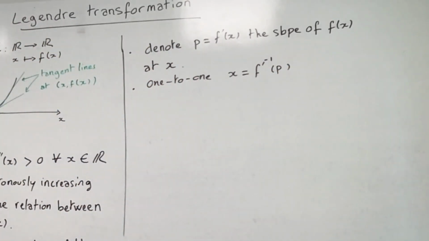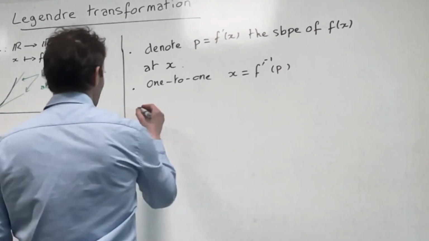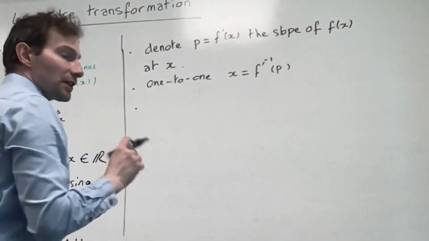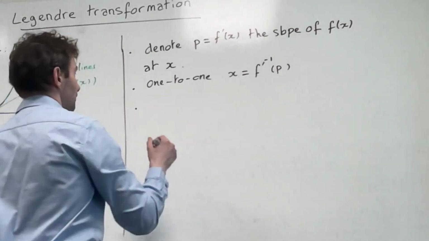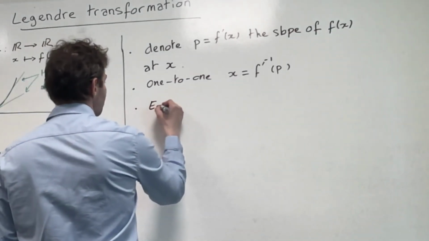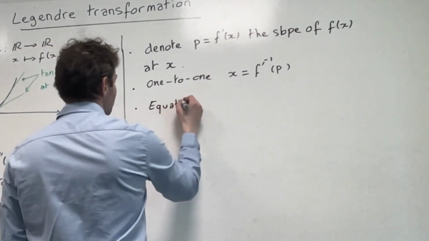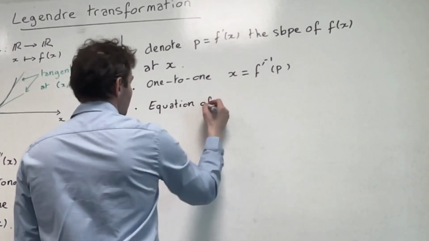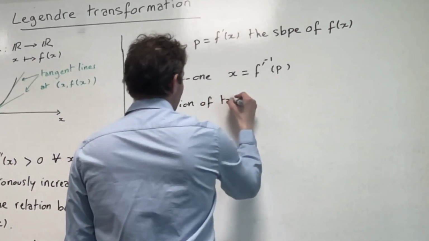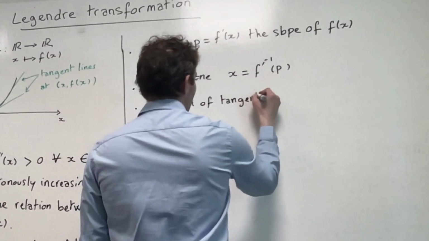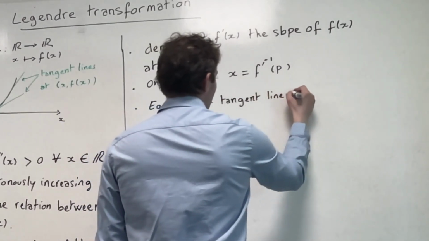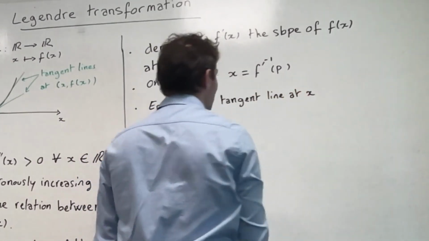Okay? So that's, again, here I'm basically stating facts. Once we have said that, then what we say is the following. We say that the equation of a tangent line at x, what is it?